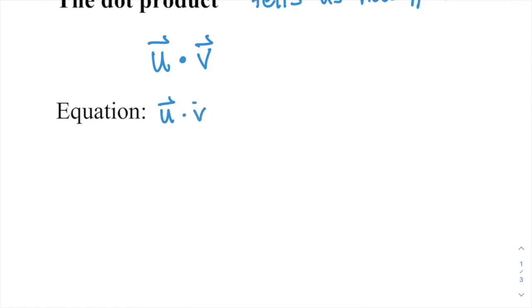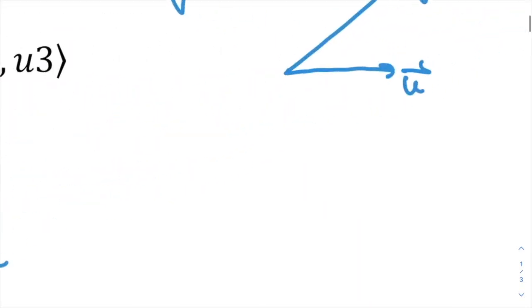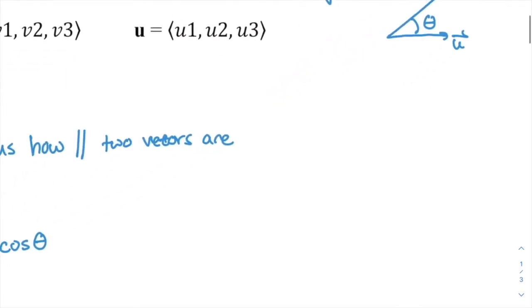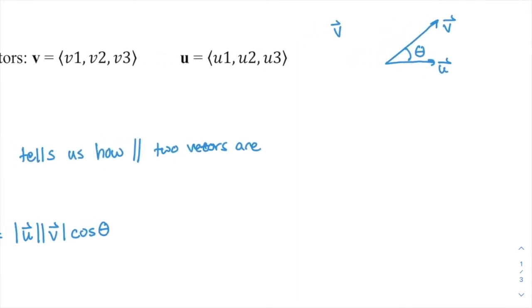is equal to the magnitude of u times the magnitude of v times the cosine of the angle between them, where the cosine of theta, that angle is right here. So that's the angle that we're taking the cosine of. And so you can see that when the two vectors are in the same direction, that'll be an angle of 0, and cosine of 0 is 1, so it maximizes the dot product.